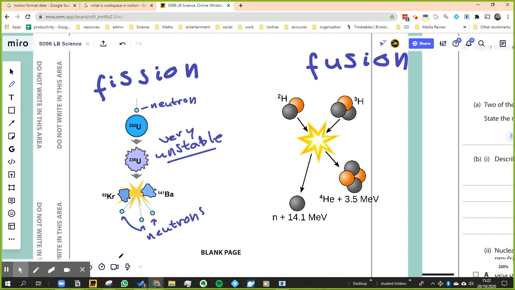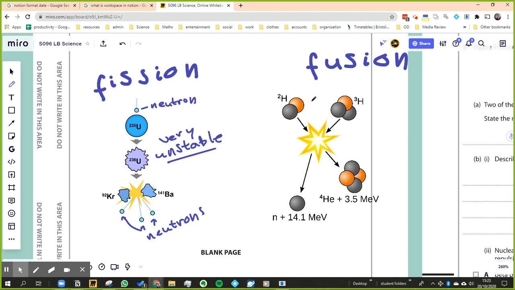So this continual breaking apart, like one neutron can cause three neutrons to appear, and those three neutrons can cause three more uranium nuclei to break up. That's called a chain reaction. So it's like a domino, but it's actually one causes three, so it actually accelerates. So that's fission. So you're breaking apart the atom there, doing that.